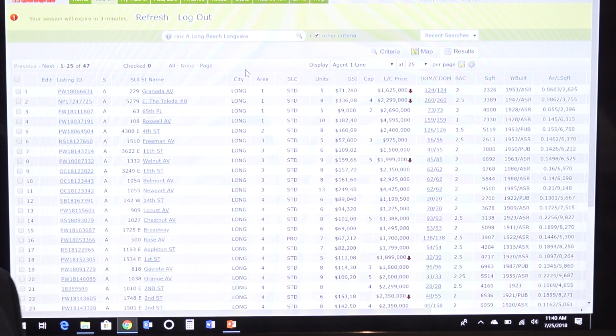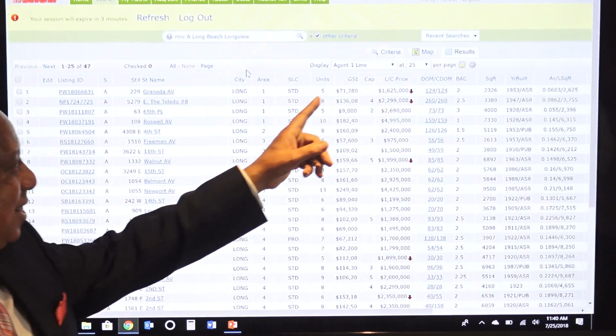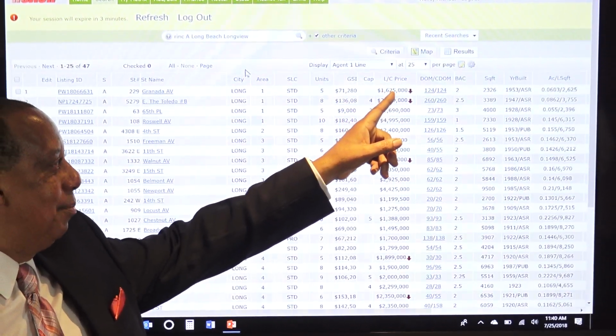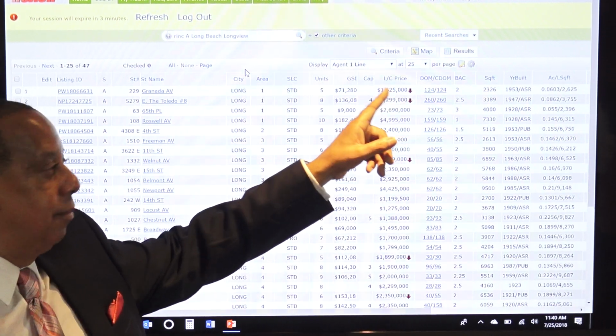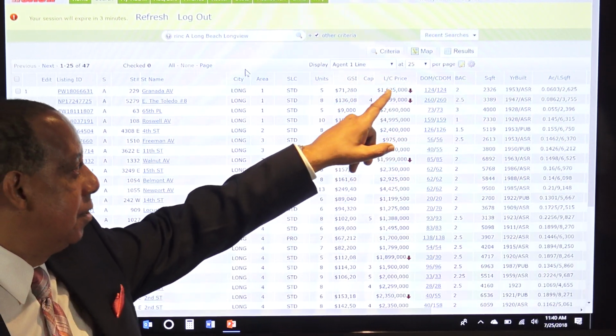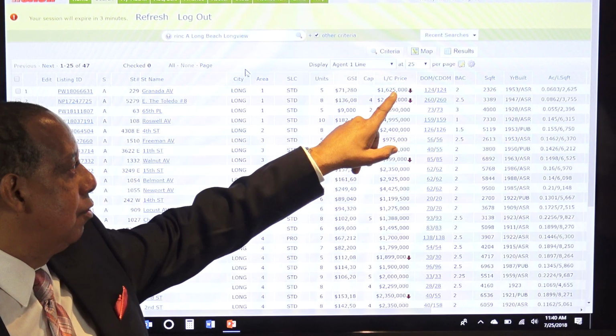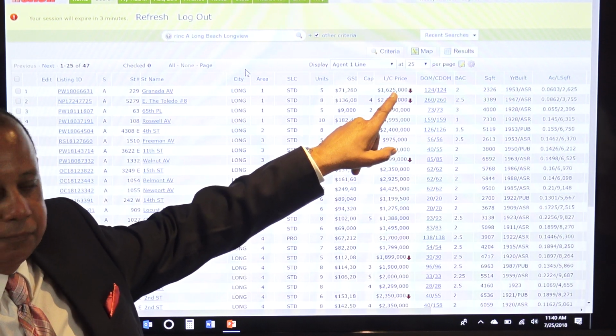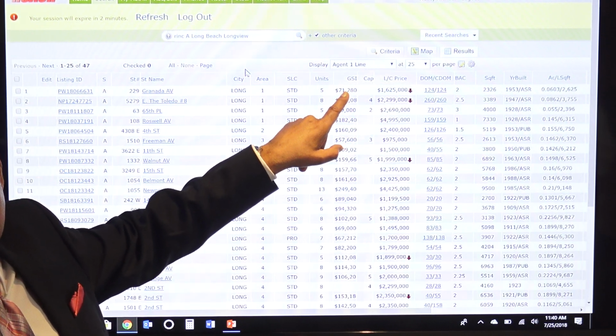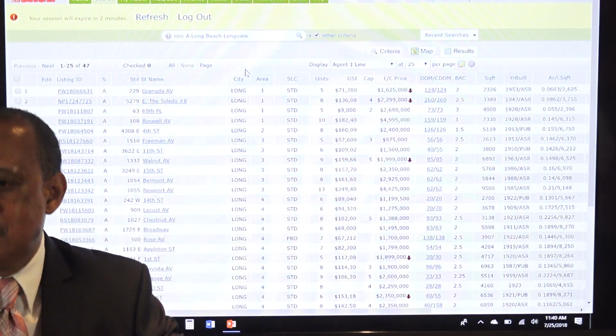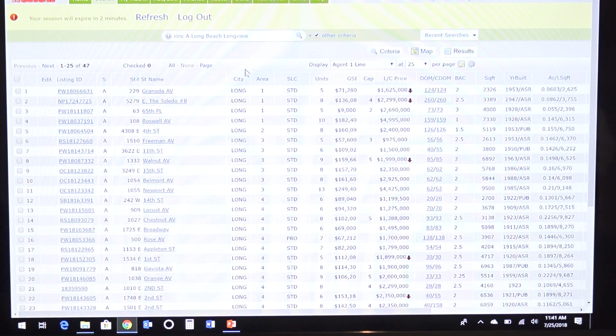So if this property cost was $710,000, with the $71,000 income, you don't have to think about it. It's gonna cash flow, period.